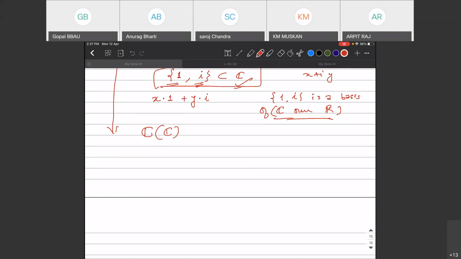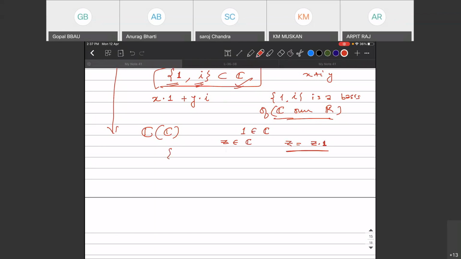ठीक है। So you know in C there is an identity element 1 belonging to C. Now for any complex number Z in C, it can be represented uniquely as a linear combination of 1. Z can be written as Z dot 1.